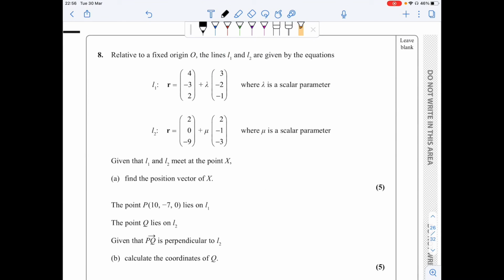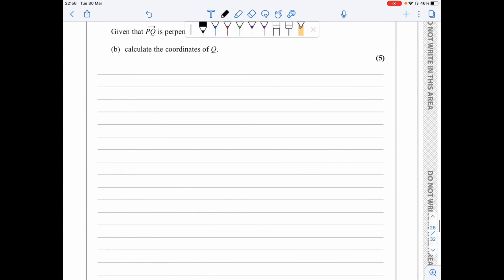For part A of question 8, I will start by writing three equations, one for each component of the two lines. So 4 plus 3 lambda equals 2 plus 2 mu, minus 3 minus 2 lambda equals 0 minus mu, and 2 minus lambda equals minus 9 minus 3 mu.